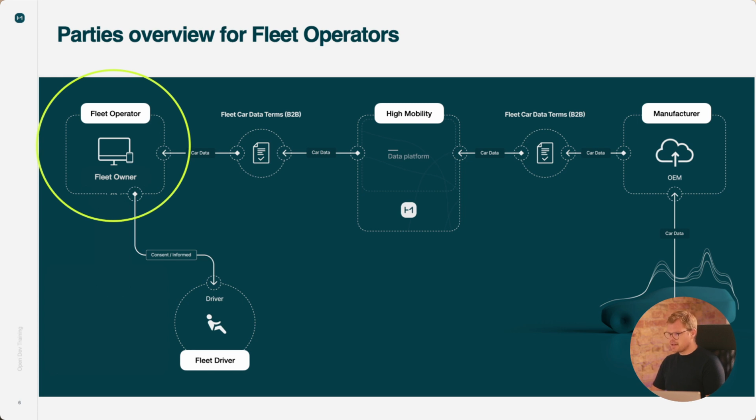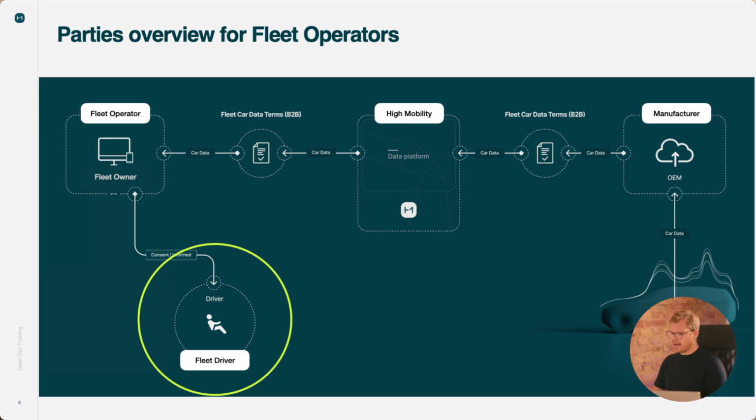So that's the first stop, and the second kind of party is, of course, the driver. The driver is in the end the one generating that data by driving the car, but depending on the data, if it's information about breakdown information, if it's about warning lights or mileage, it can be used for a lot of different use cases, but you have to make sure that everything is GDPR compliant towards the driver of the vehicle.